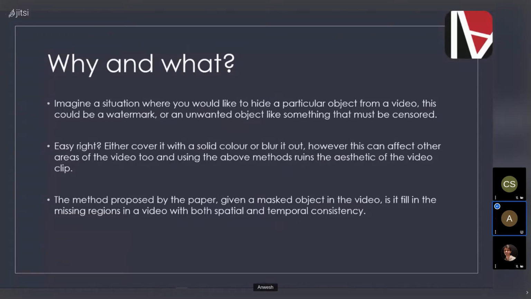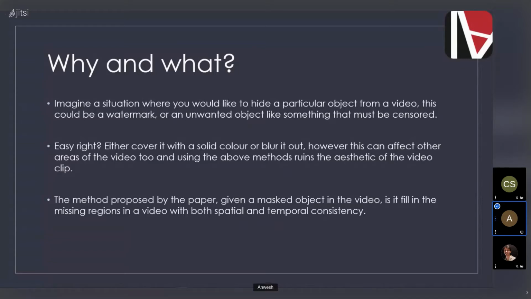So let's imagine a situation where we would like to hide a particular object or thing from a video. This could be something like a brand logo. We have to blur it out to avoid copyright issues, or it could be a watermark, or something that is explicit and must be censored.